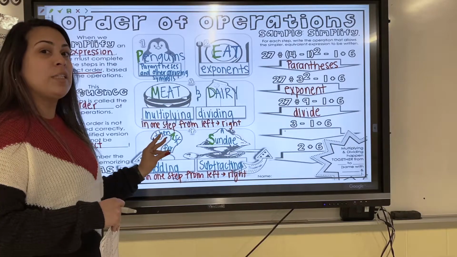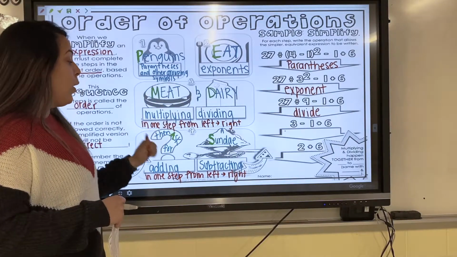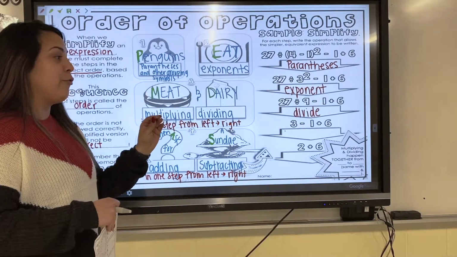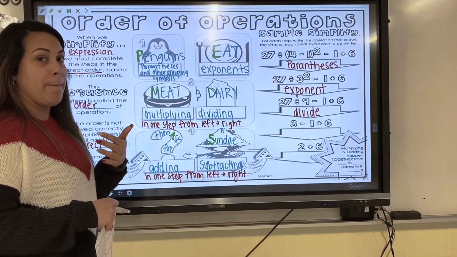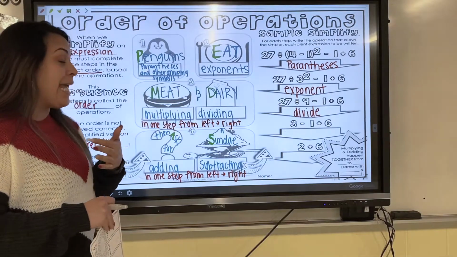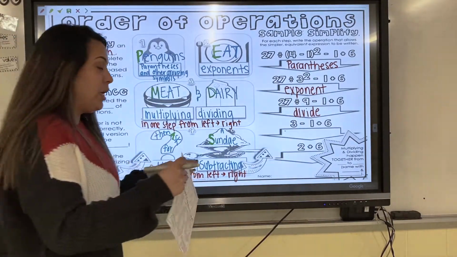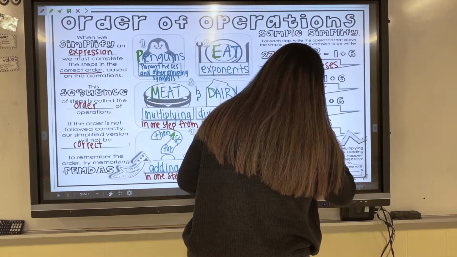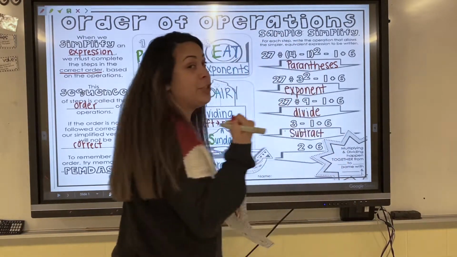So we have 3 minus 1 plus 6. Which operation am I going to do first if we're reading it from left to right? If you're saying subtracting, you are correct. We're going to subtract first because subtraction came before addition.